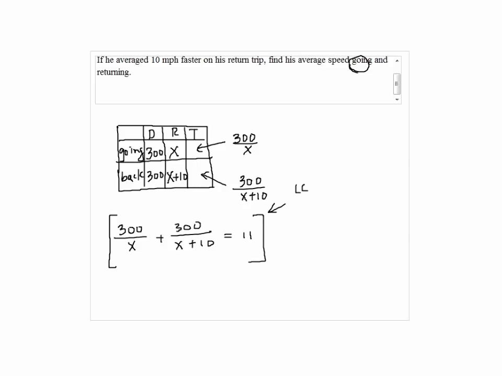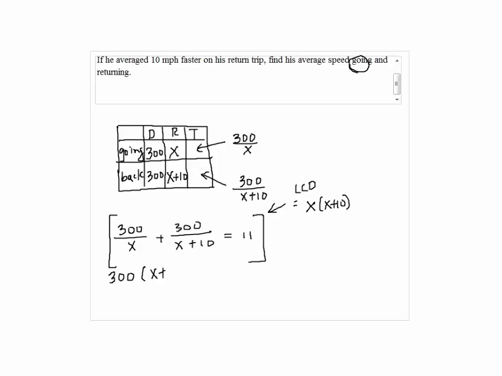So first, you're going to find the LCD, which is x times x plus 10. So that's what you multiply both sides by.